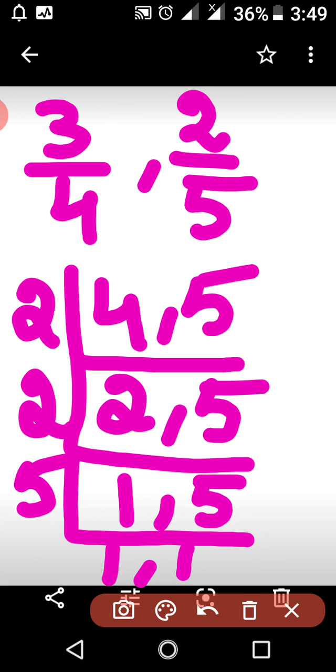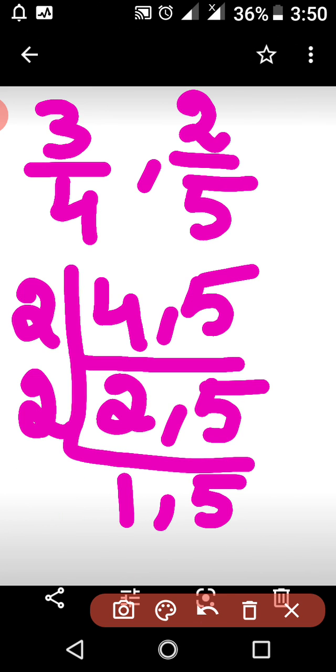Whenever you get all 1s, stop the process and find the LCM. How to get the LCM here? By multiplying the prime numbers 2, 2 and 5. 2 2s are 4. 4 5s are 20. So the LCM is 20.